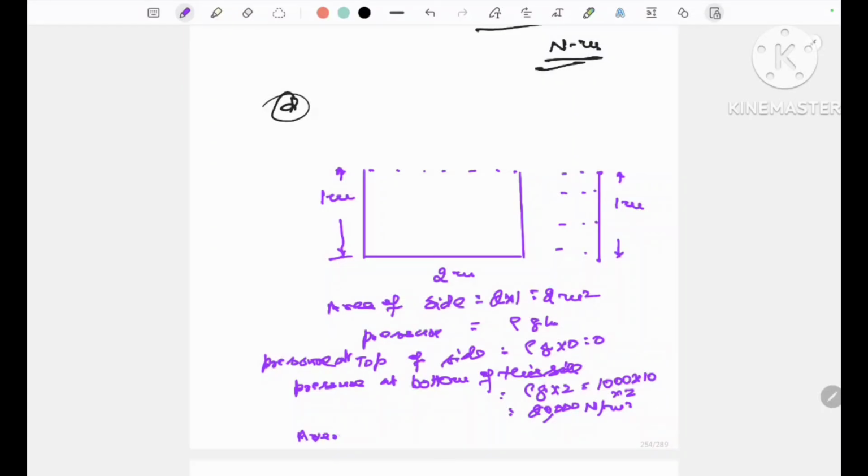Average pressure on this side will be average 0 plus 10,000 by 2.